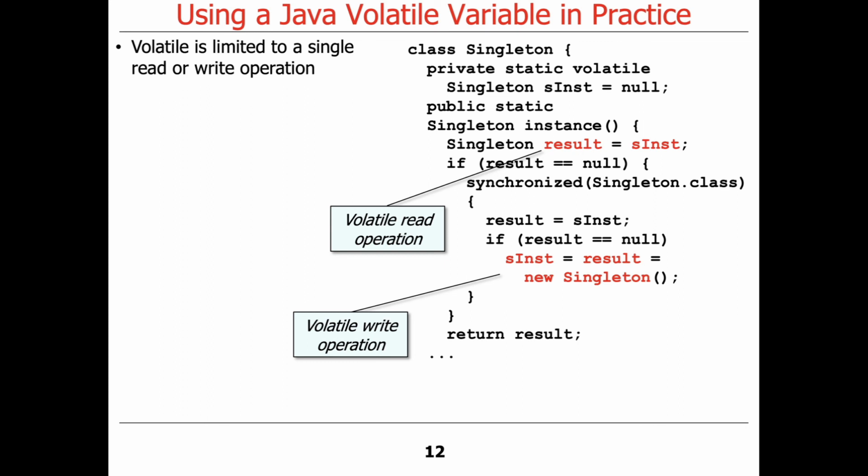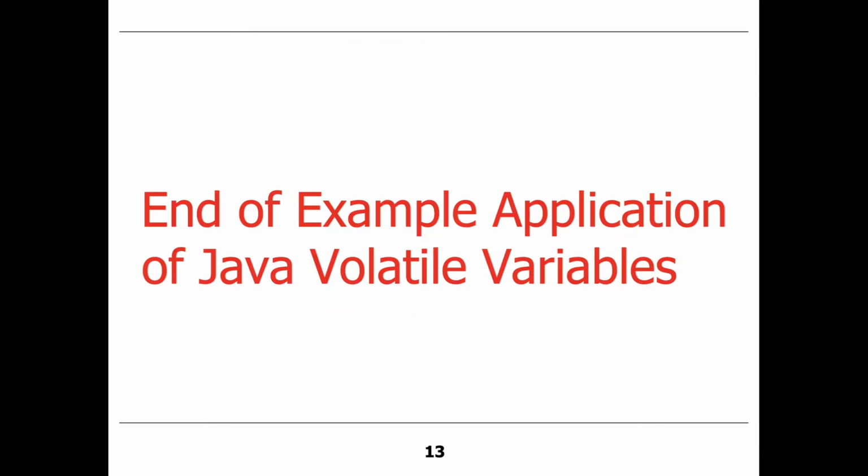We will talk about double-checked locking in more detail. It is also a very interesting pattern and generated a firestorm of controversy in the Java community for about 5 years before they finally cried uncle and added support for double-checked locking in the Java virtual machine. But that's another topic for another time. Okay, so that is the overview of applying volatile to a Java application.